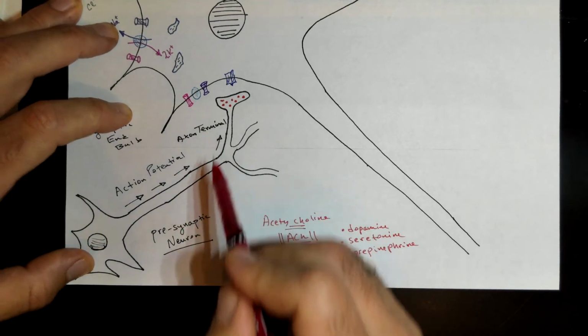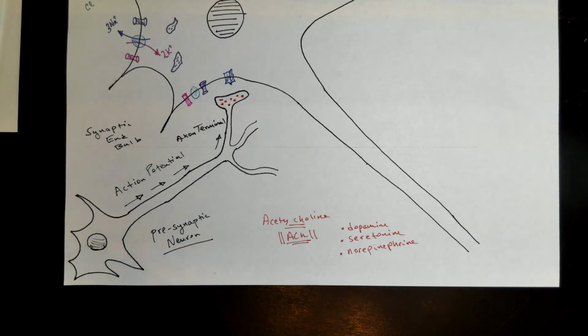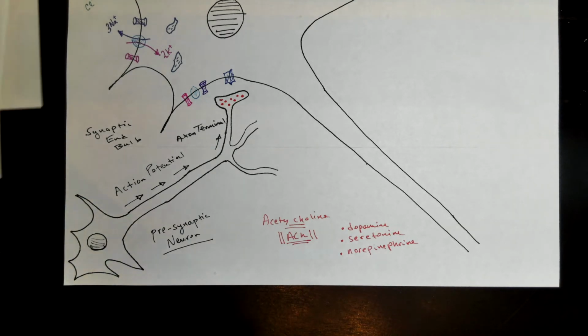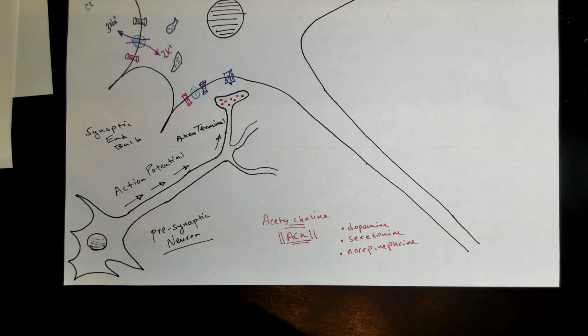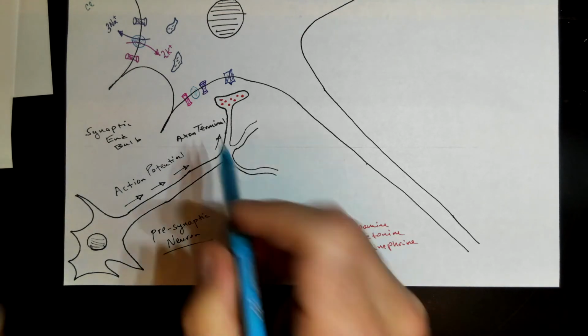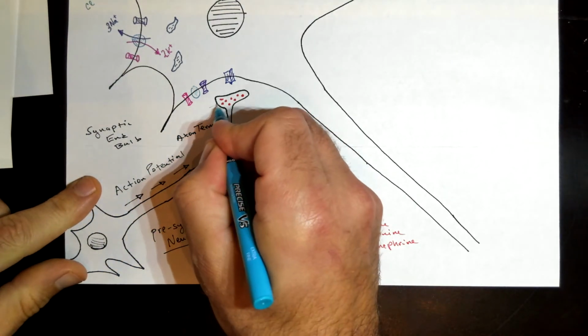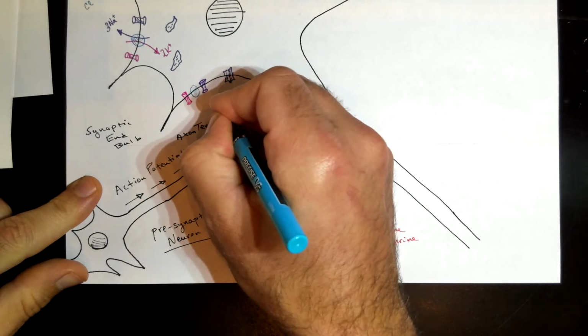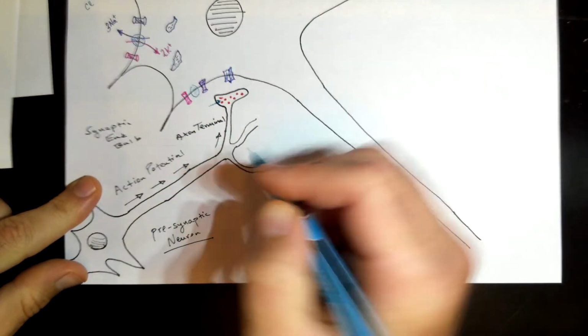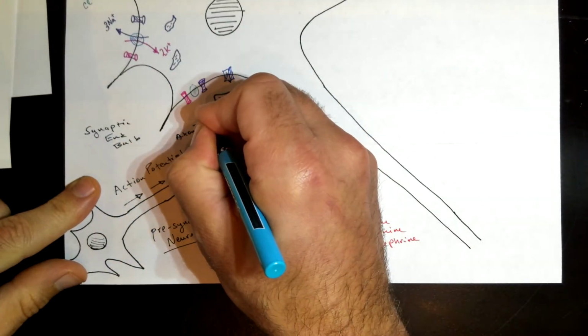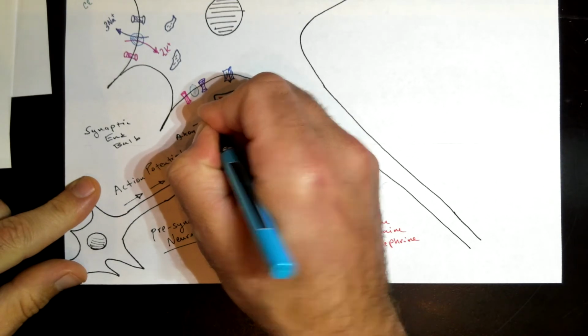Okay, so at the axon terminal, if you recall, in order to get this neurotransmitter out, we typically have calcium that comes in, which is another ion. Calcium has 2 pluses on it.